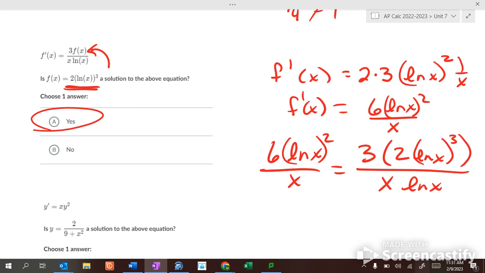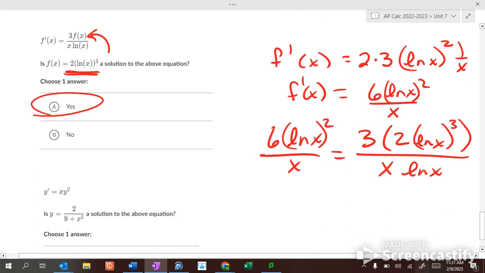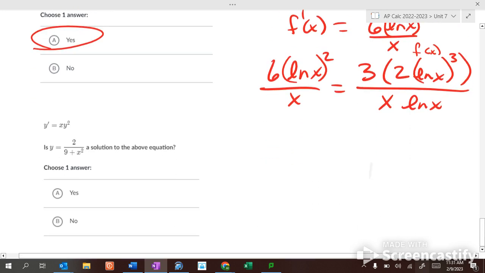That look on your face is not very good. I don't know how did we get the 6 ln of x squared to 2 ln of x cubed? Okay, so you're plugging it into this. 3 f of x over x ln of x. Okay, you're plugging it into that function. All right.